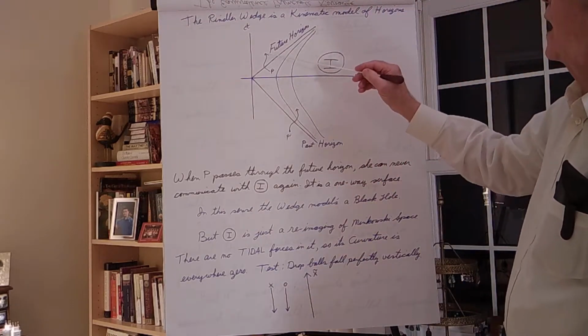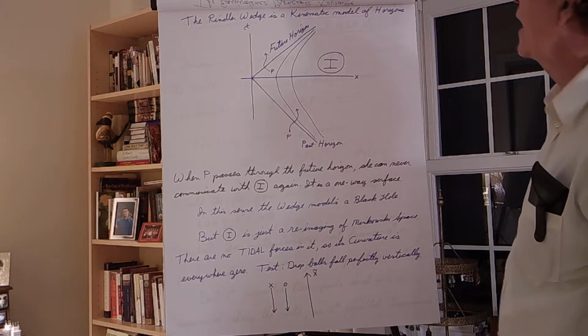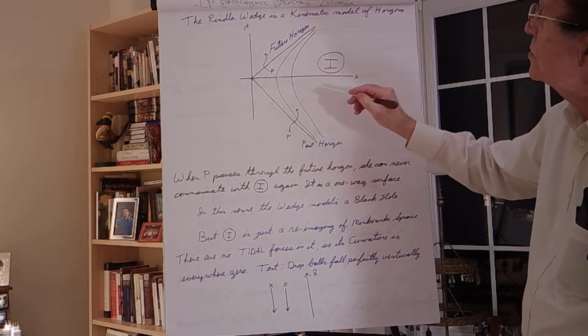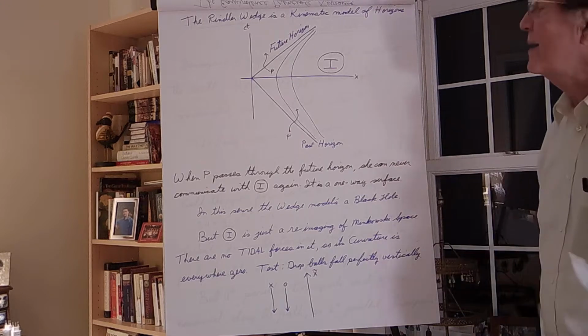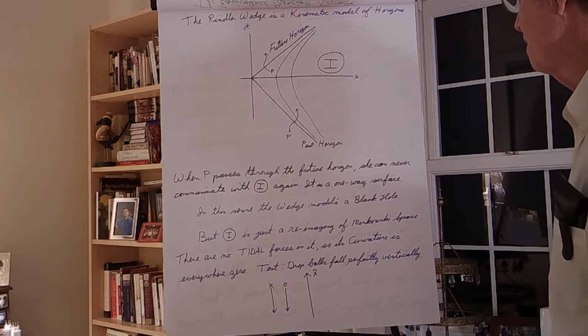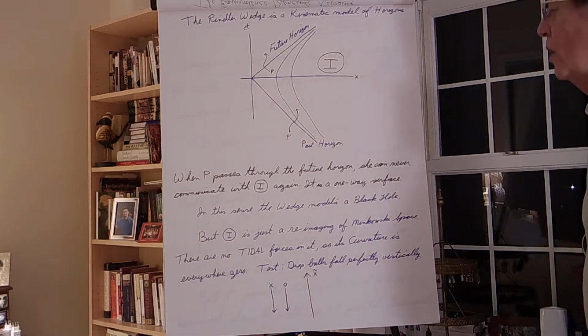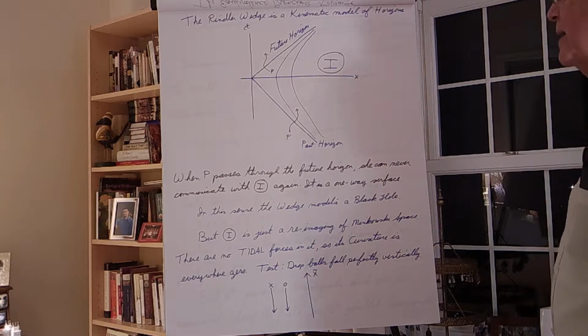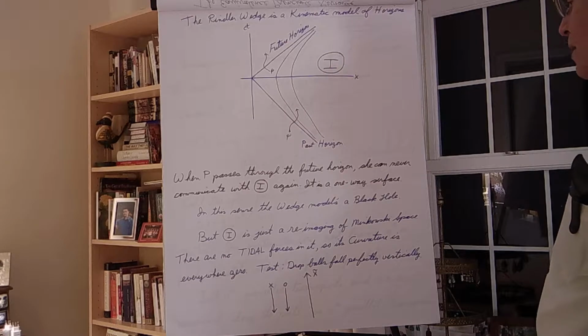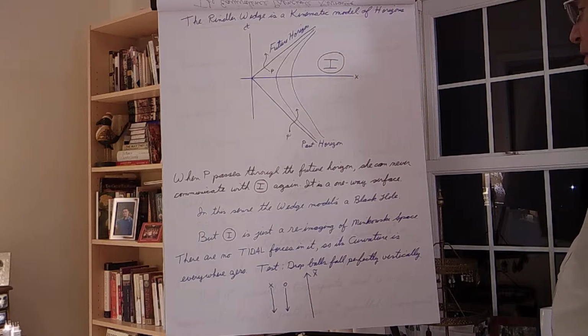Because that would require a velocity greater than the speed of light. And so the future light cone acts as an event horizon. It's a one-way surface. When something goes through it, it can never come back. It can never communicate back with anybody accelerating on the Rindler wedge.